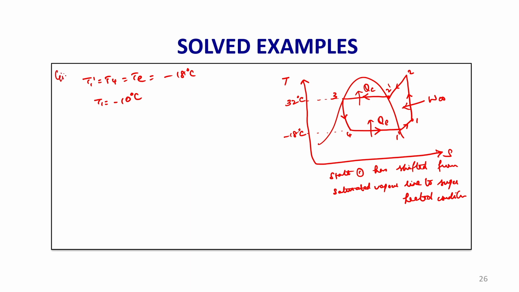These are all the data given. And on the condenser side, T2 equal to T2 dash is equal to T3 is equal to the condenser temperature, which is positive 32.